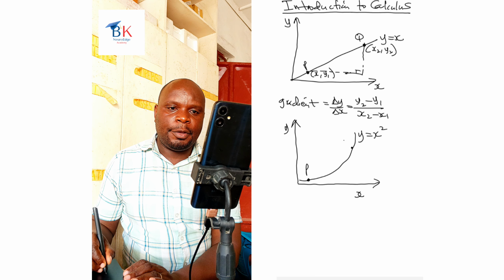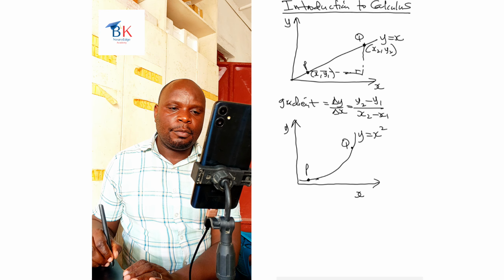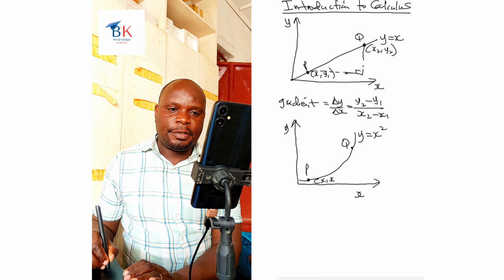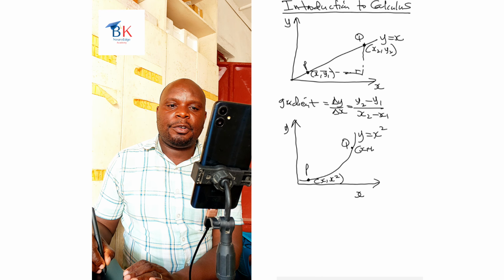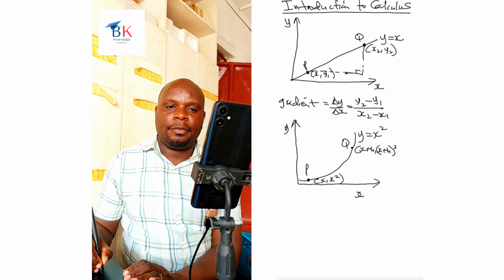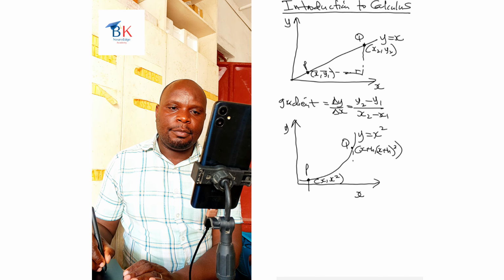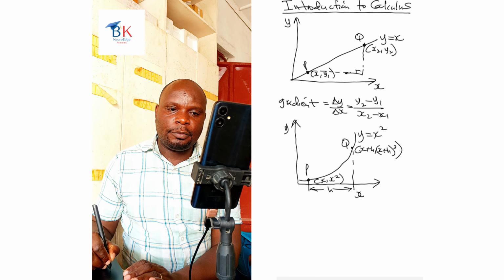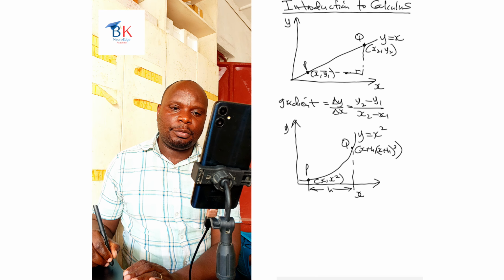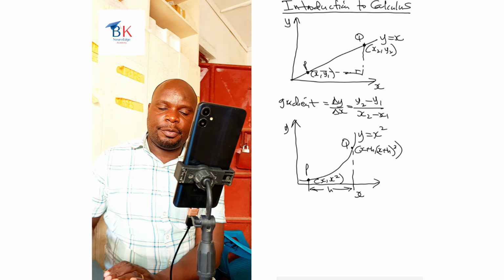Then we have our P and Q. This one is x, and the y coordinate will be x squared. The x coordinate x plus h, the y coordinate (x plus h) squared. That is if the distance between the 2 points is h.